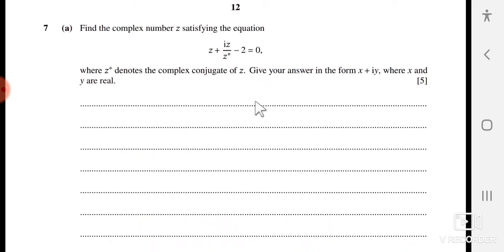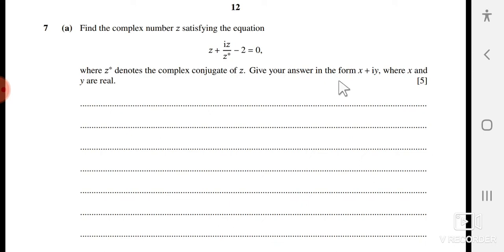In this question, z and z star mean the conjugate of it. As mentioned there, you have to express z in the form x plus iy. If this is z, then z conjugate becomes x minus iy.